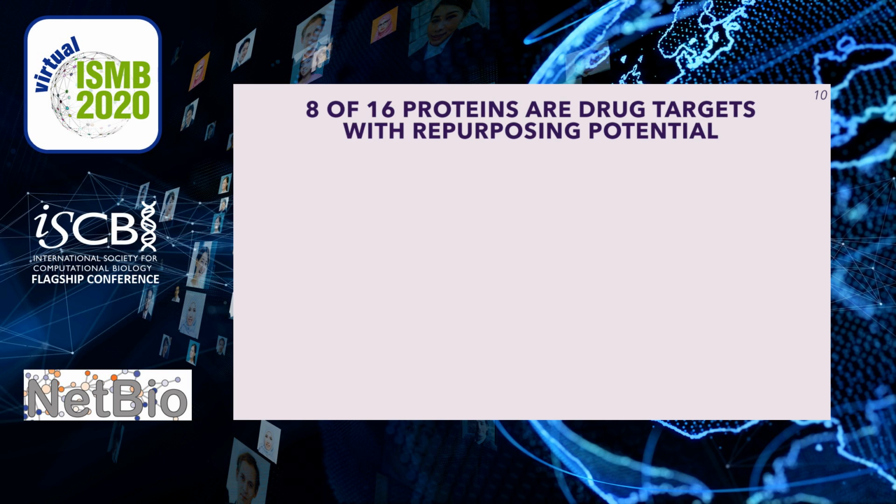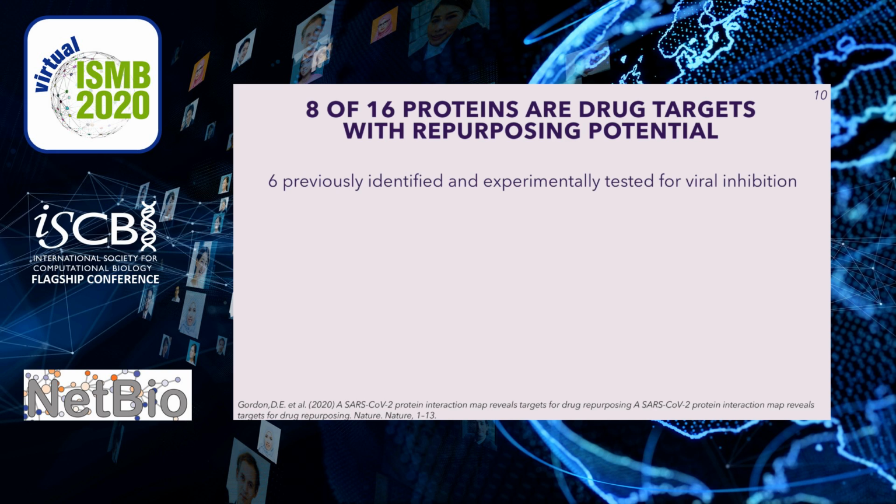And further, if we look at these proteins, 8 of them are already known to have a compound that targets them as a drug target. 6 of our identified proteins were also identified by Gordon et al. in this kind of keystone paper so far.